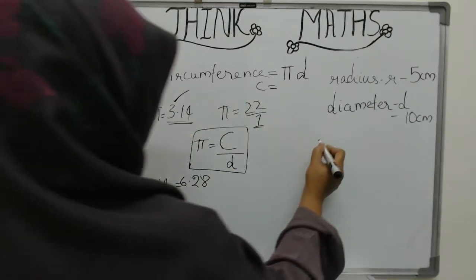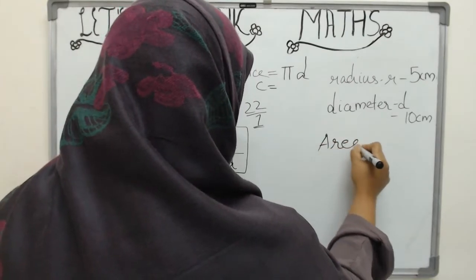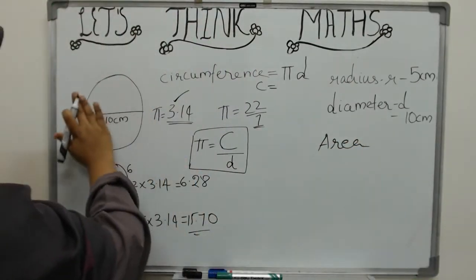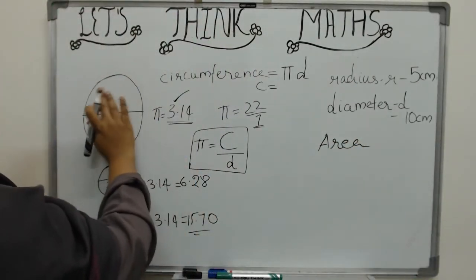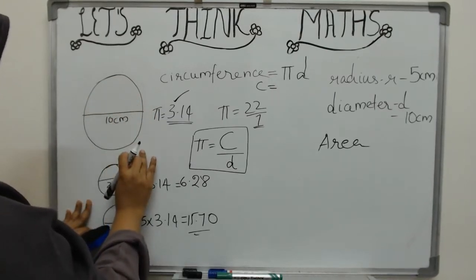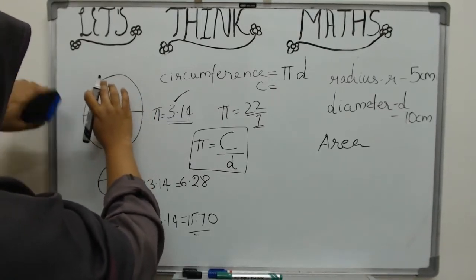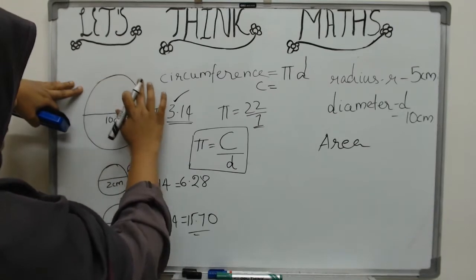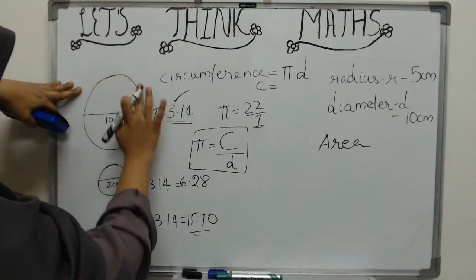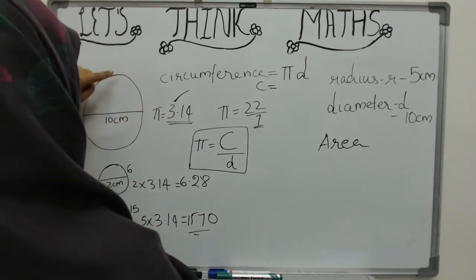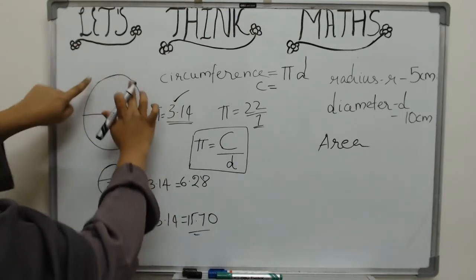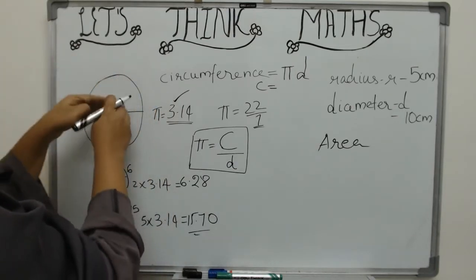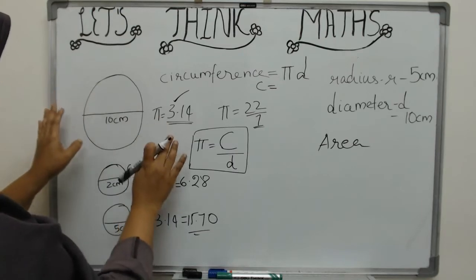Next, area. Area is the amount of space, amount of surface which is covered by this circle. So, if you see, circumference concerns only what is happening on the boundary. It is only the length of this boundary. So, it does not matter what is happening inside. Circumference is not bothered about that.